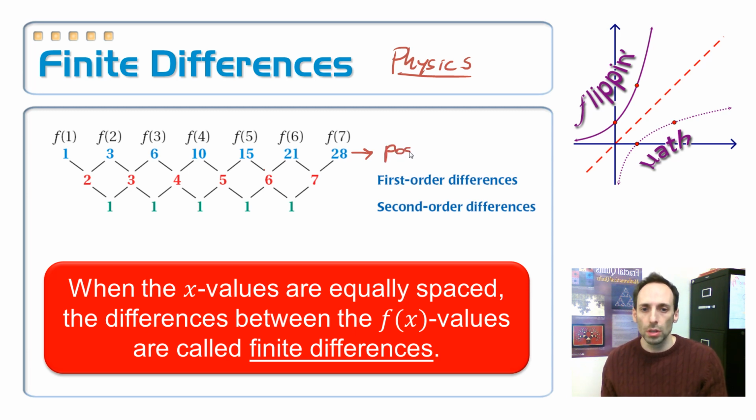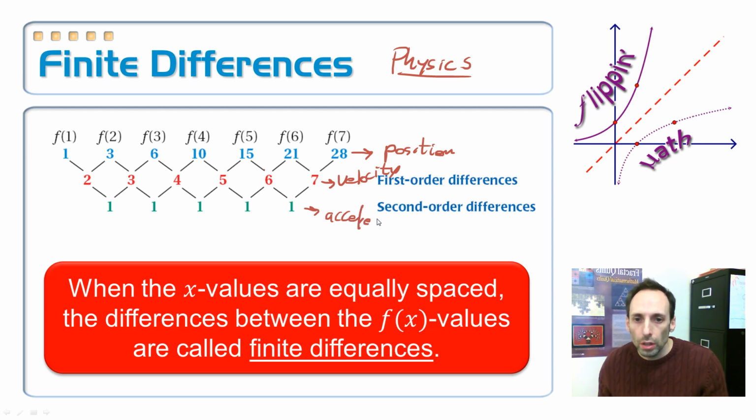So this is position. Okay, and then if I find the differences between all the positions, what I'm finding there is velocity. Now if I see what the differences between all the velocity is, that is the rate at which the velocity is changing, which is acceleration.